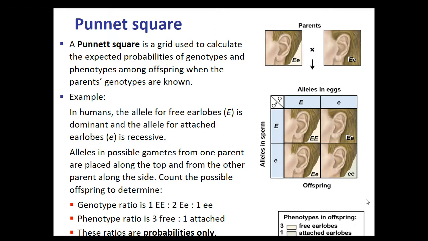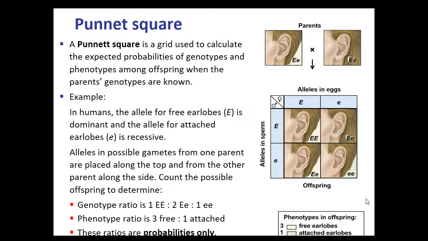So we can predict there's a 1 in 4 chance that their child is going to be big E big E. There's a 2 in 4, or 1 out of 2, 50% chance that the child will be big E little e, and a 1 out of 4 chance that the child will be little e little e. We call that the genotype ratio, 1 to 2 to 1.